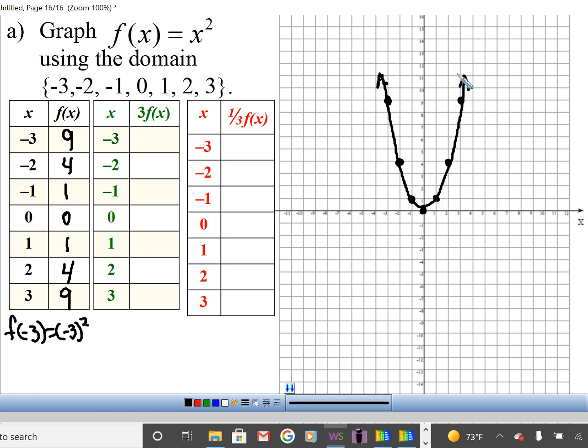Let's label that f of x. That's our original quadratic function. It's a parabola.